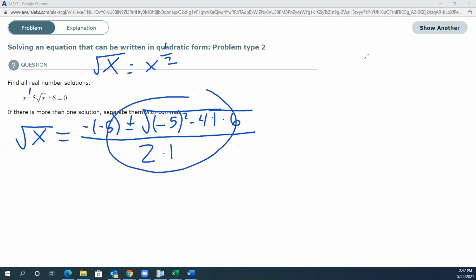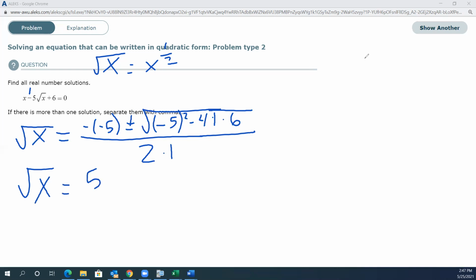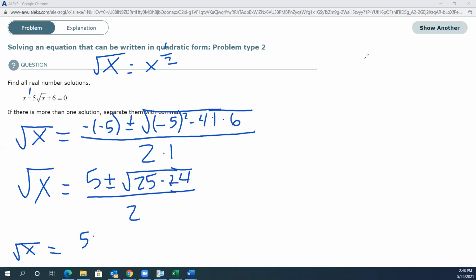And then you just run through it and everything's wonderful. Maybe we should just do that. Okay, so that'll give us 5 and 2 and 25 minus 24. Oh, that makes it easier. So then that gives us the square root of x is 5 plus or minus 1 over 2, because it'll be the square root of 1, which is 1.